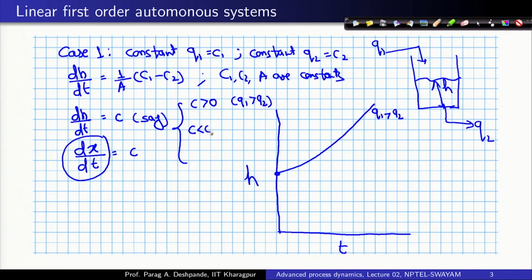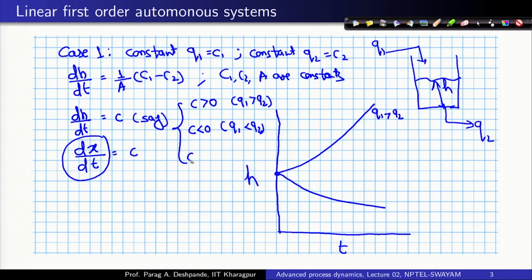Similarly, C is less than 0, which means q 1 is less than q 2. Well, you are draining more liquid and you are not giving enough input to the system. So, what is going to happen? The liquid level is going to reduce with time.